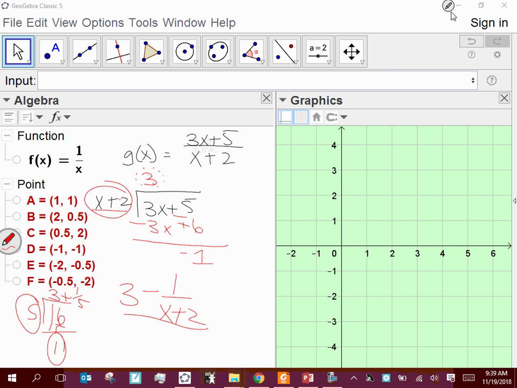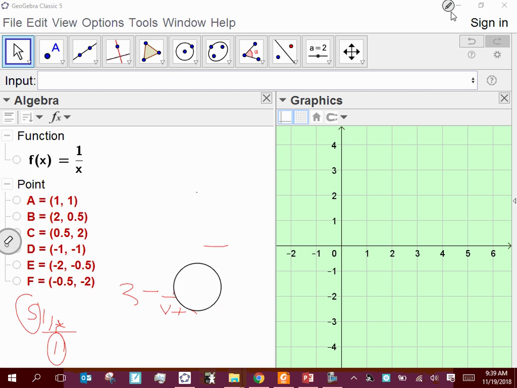Okay. So let me clean this up a little bit. 3x plus 5 over x plus 2. We just figured out that is the same thing as 3 minus 1 over x plus 2.